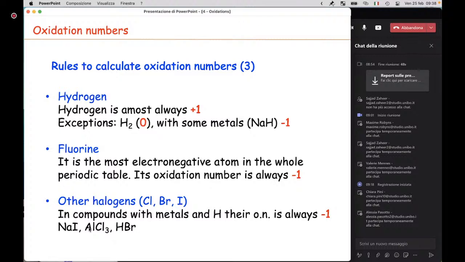This is the 3rd column, so +3. And of course, we will have Cl-, because this is the correct oxidation number, and so we need 3 chlorides to compensate the 3 positive charges of aluminium. And also with hydrogen, this is hydrobromic acid, so H is +1, and of course bromide will be -1.